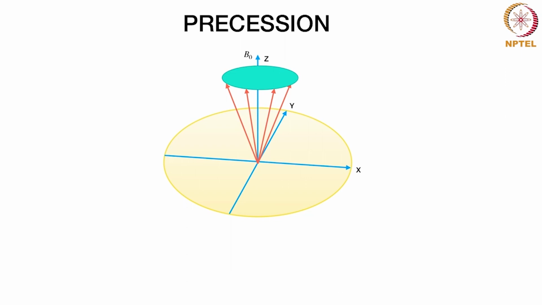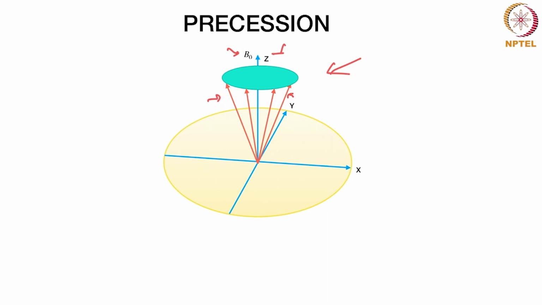So this is the picture. This is the precession that I was talking about. There is a B0 field along the z axis. These are the individual magnetic spins, which are in general precessing around the direction of the magnetic field. Now, you can do a vector sum and have one arrow precessing.